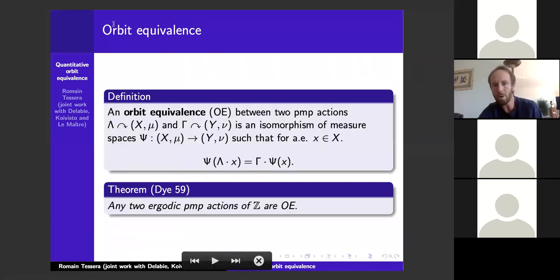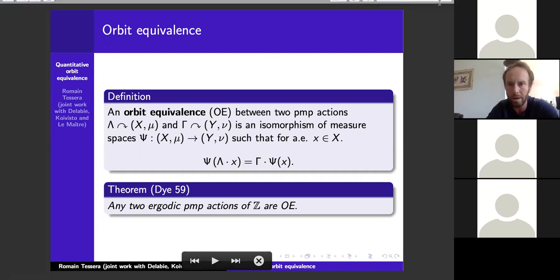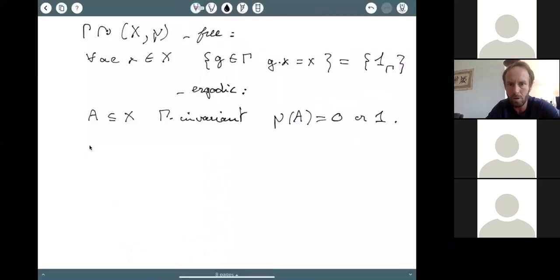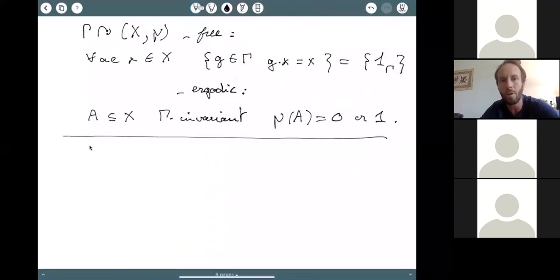Okay, so now I'm going to describe orbit equivalence, but before I do it, I'm going to tell you something about these objects that we have just defined. So first, before introducing orbit equivalence, it's important to introduce the natural notion of being isomorphic between two such objects.